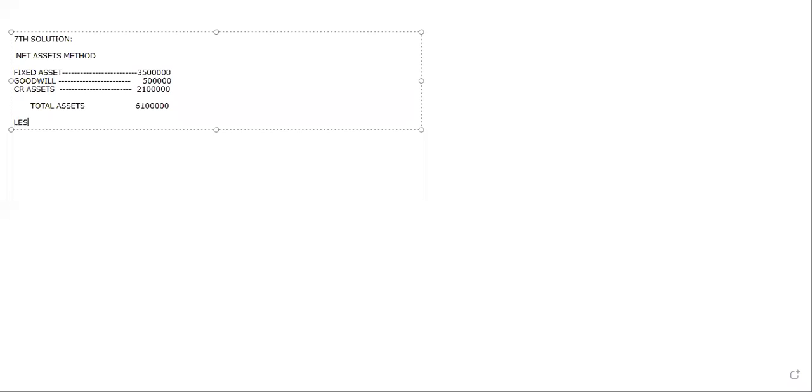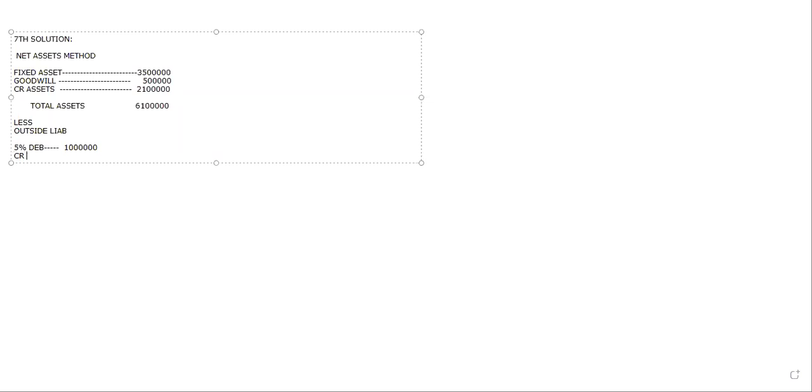Then from this one, what will we minus? Minus outside liabilities. So how much are we going to have as outside liabilities? We had only 2 things. One is debentures, 5% debentures. How much is the value he gave? 5% debentures, he gave 10 lakhs.